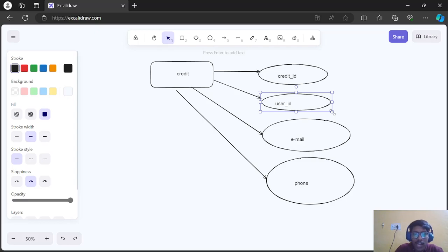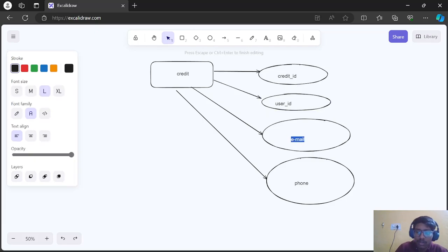The next attribute is the credit score, which would be the user's credit worth. For every payment he makes, he earns some points, which can be accounted for in his credit score.